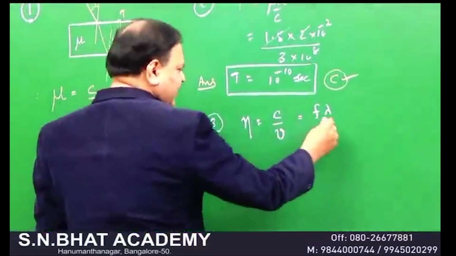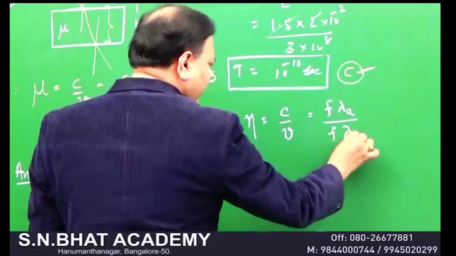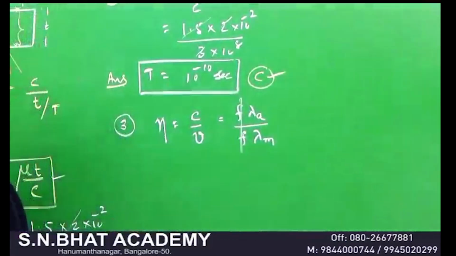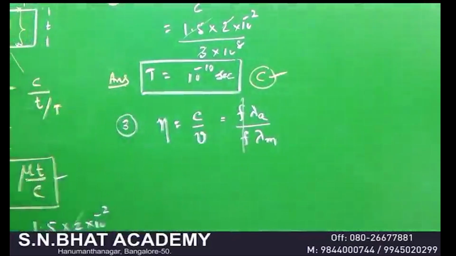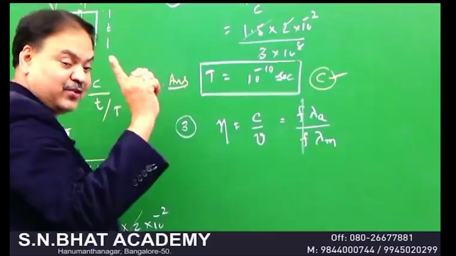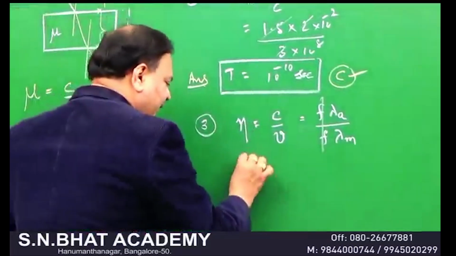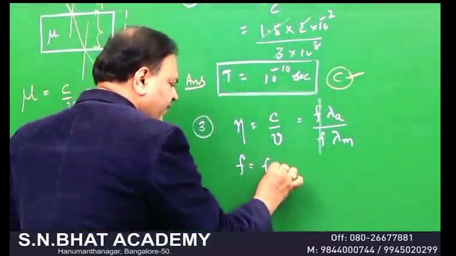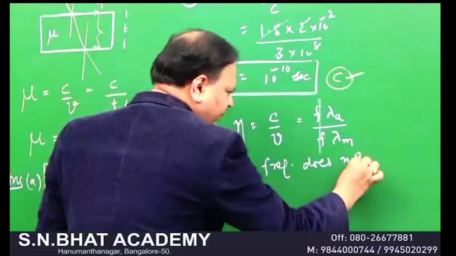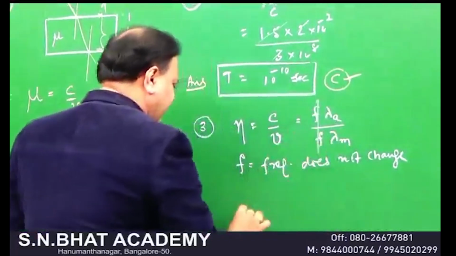You apply here: this is f lambda in air and this is f lambda in the medium. Remember, a very, very important thing: when light passes from one medium to the other medium, frequency does not change. This question will always be asked. The frequency does not change as the light propagates from one medium to the other, so I can cancel it.